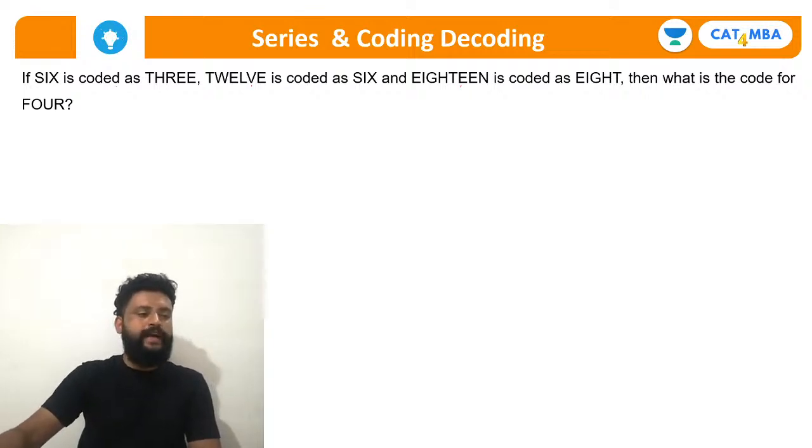6 is coded as 3, 12 is coded as 6, 18 is coded as 8. What will be the code for 4?